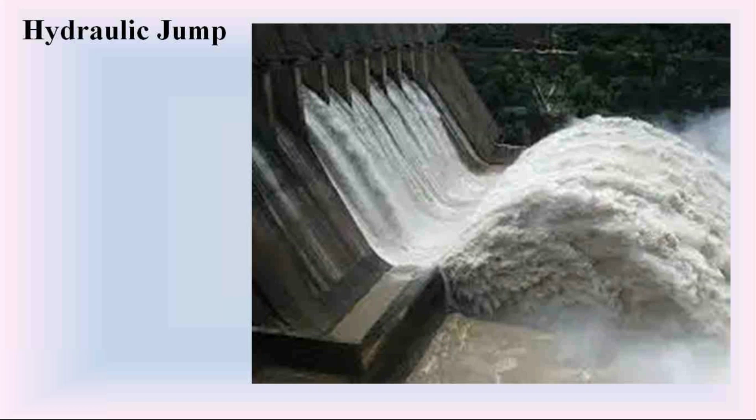So for a number of purposes, we construct the dam across the river. When you construct the dam, it stores water on the upstream side. The amount of water stored by the dam is called the capacity of the dam.